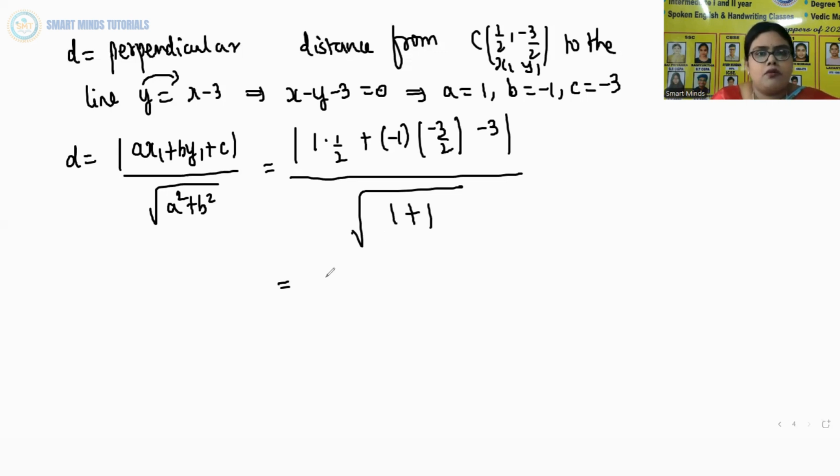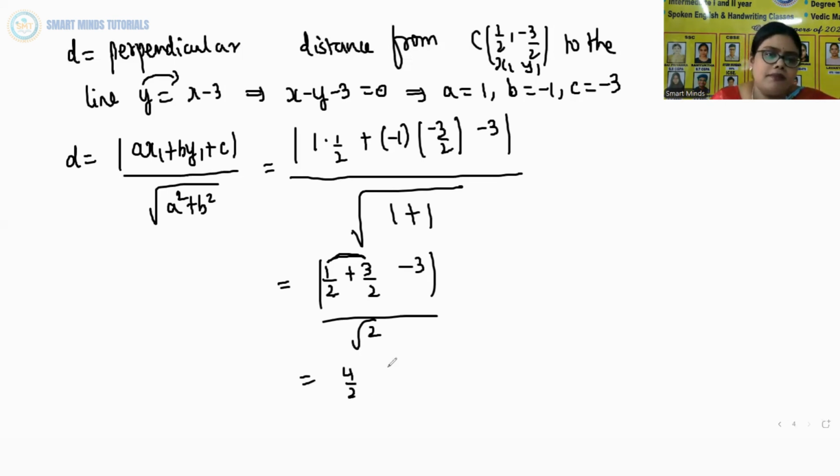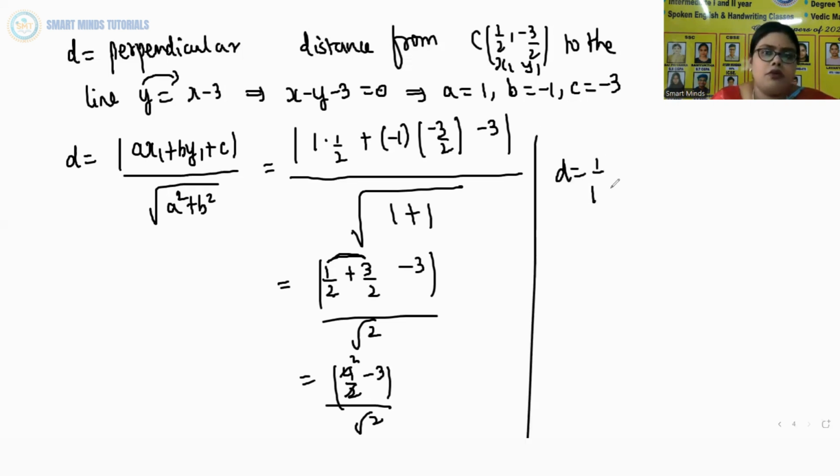That is equal to 1 by 2 plus 3 by 2 minus 3 by root 2. Now here denominators are the same. We can add these numerators. So that is 4 by 2 minus 3 by root 2. This is 2. 2 minus 3 is minus 1. Modulus of minus 1 will become plus 1. So you got d is equal to 1 by root 2. So d square is 1 by 2.